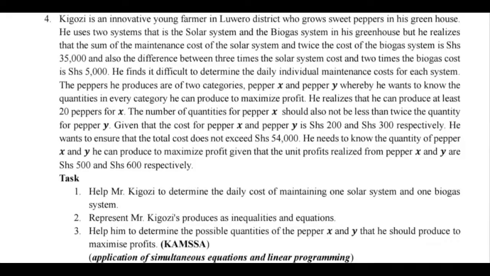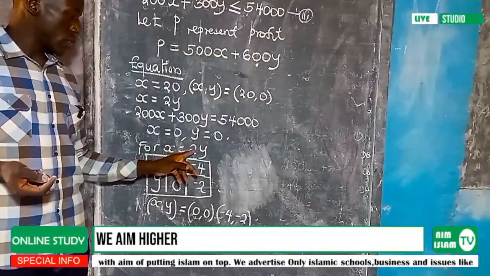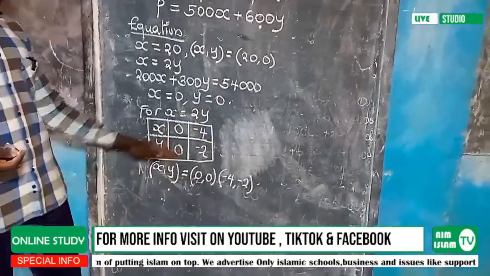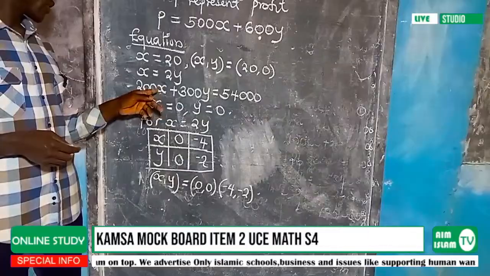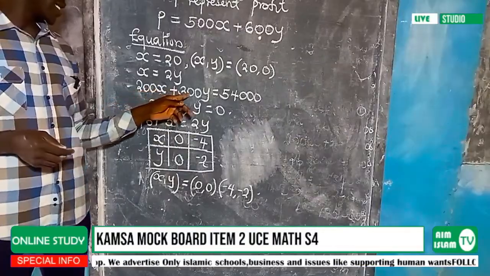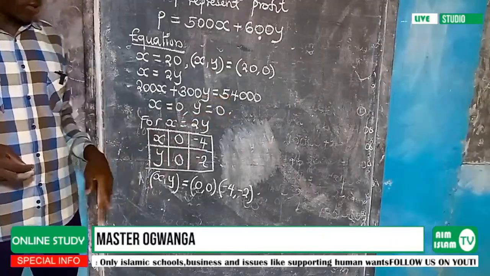Meaning that for the case of now, these 2 points will be used for plotting the equation x equals to 2y. So that is done. We come to the second one. That was the 200x plus 300y equals to 54,000.